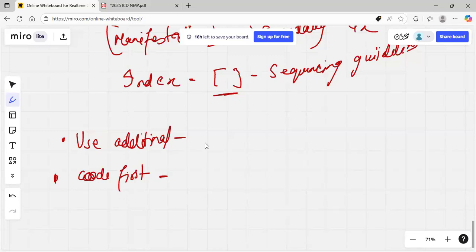However, in the tabular, we have two types of instruction which will help us to determine the sequencing of the code. Whenever we see use additional instructions, that means we have to use this code after our code, and code first means before our code. Any questions so far?